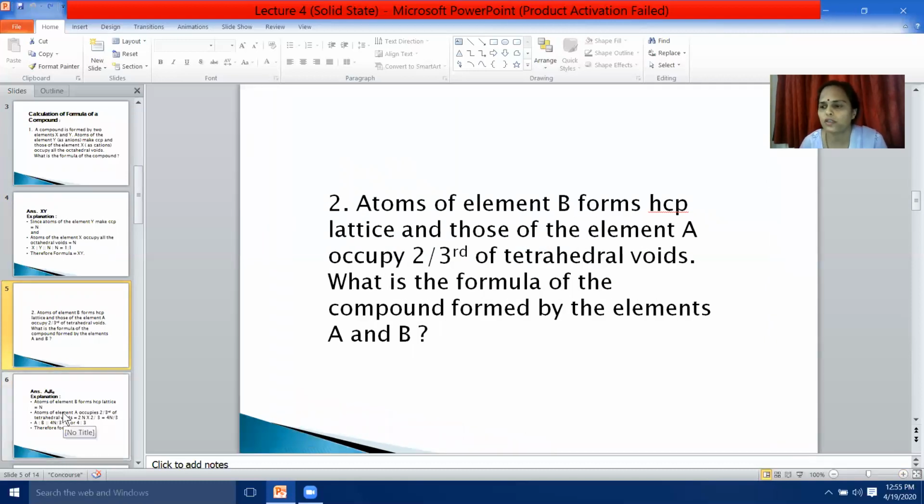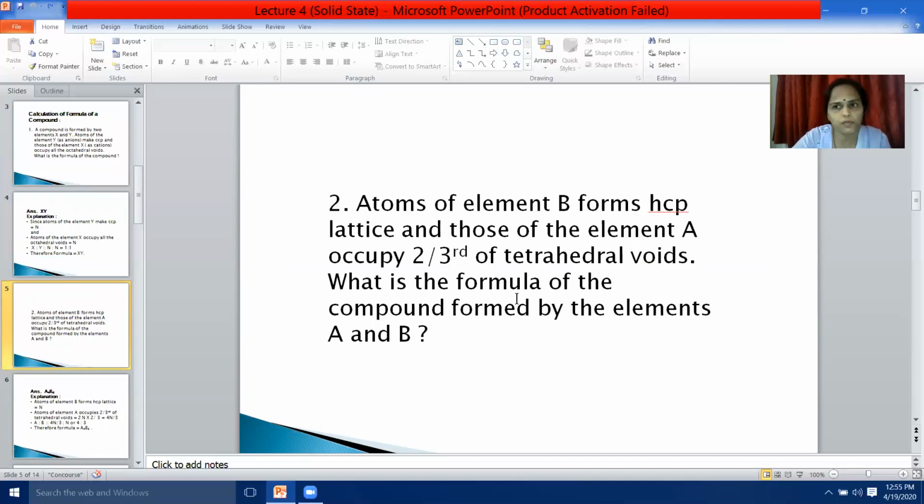Since atoms of element B form an HCP lattice, let that be equal to capital N. And A occupies 2/3 of tetrahedral voids.